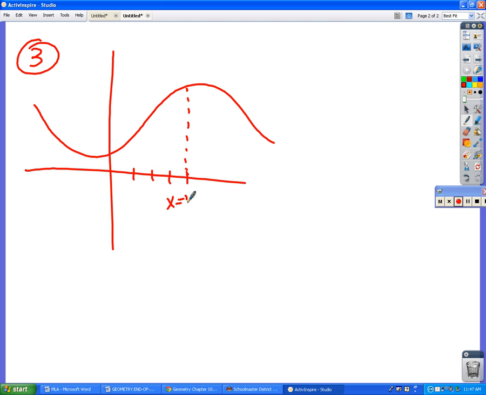So here's where x equals 4. And then you need to go over to this side and figure out what y equals. What does y equal? Or f of x equals 6. And so your answer is 6. Okay? So that's how you use a graph to evaluate the function. Boy, they crammed a lot of problems into this page, huh? All right, number 4.